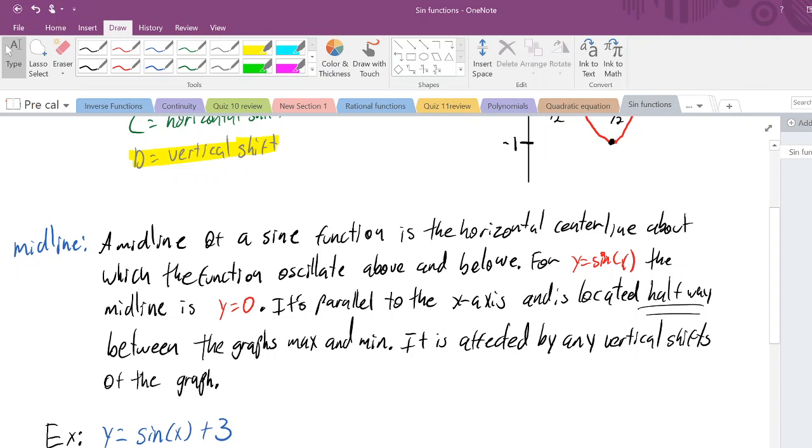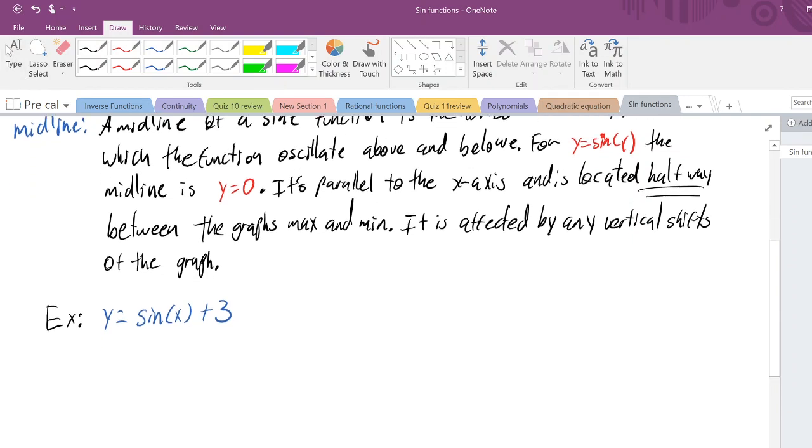If it's inside the parentheses, that means it's a horizontal shift. But if it's outside, that's vertical. That's going to go up and down. So you look at this plus 3: is it inside or outside? Well, it's outside, so that means it's a vertical shift.